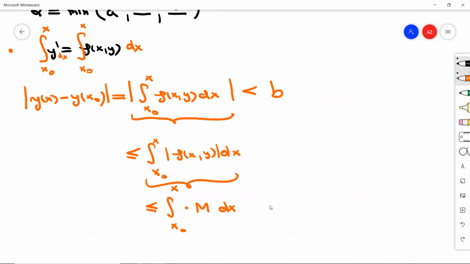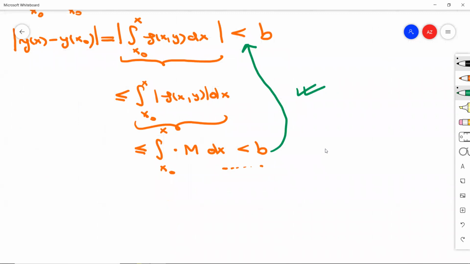If we know that the integral of M is smaller than b, if we fulfill this condition, then also this condition at the beginning will be true, because we estimated the left-hand side with something which is bigger, and if this bigger is smaller than b, also this initial number will be smaller than b.